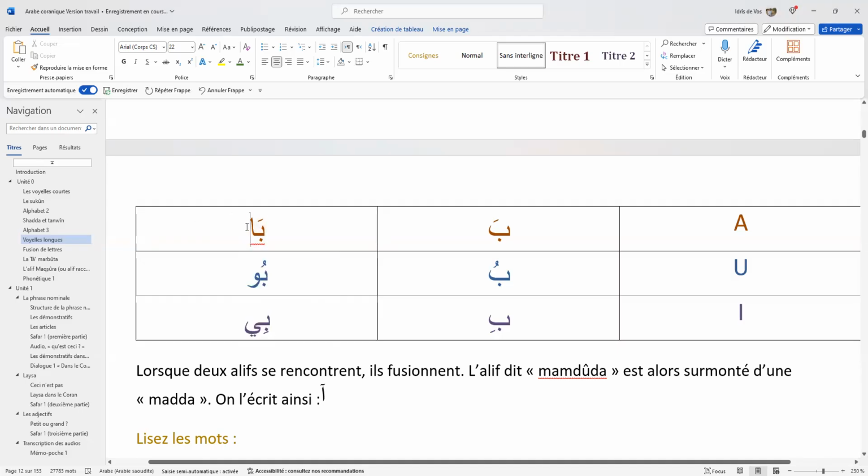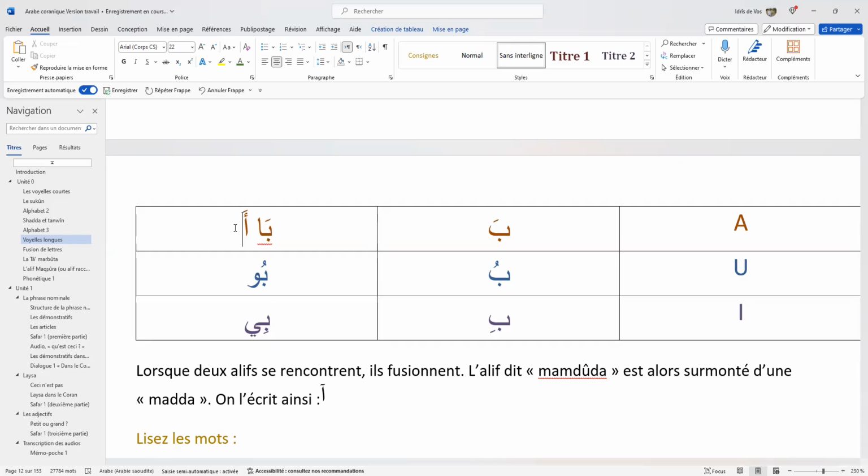So here we find the second function of the alif. It's a long A. So, just as we had three vowels, we have three long vowels. BA, BU, BI. There you go. Now the question that arises is, if I ever have the sound A, like this for example, and I want to lengthen it.